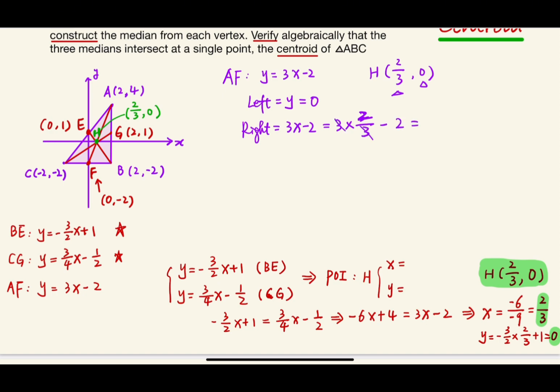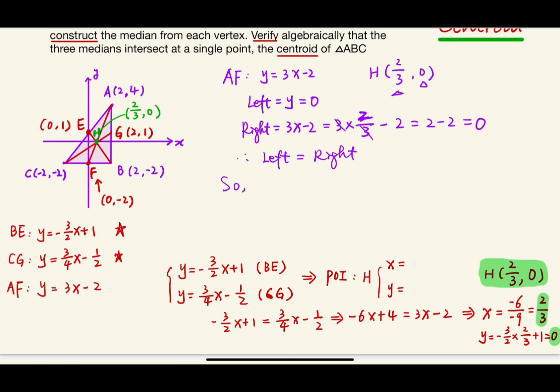We can cancel. 2 minus 2 equal to 0. So the left side equal to 0, right side also equal to 0. So we can get the conclusion, left side equal to right side. That is to say this point is just on this median AF. Okay, we say left equal to right.